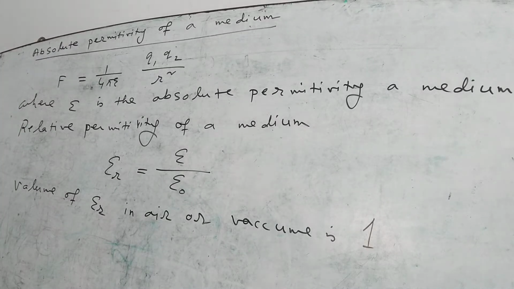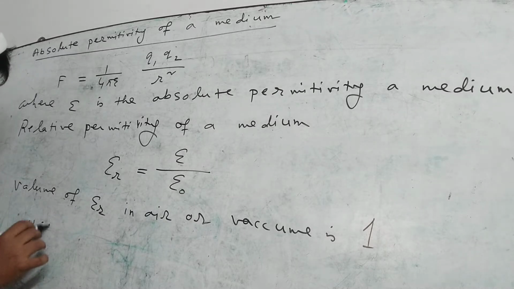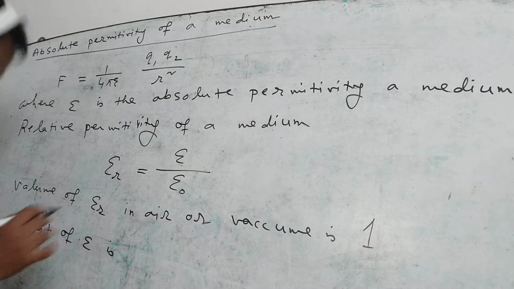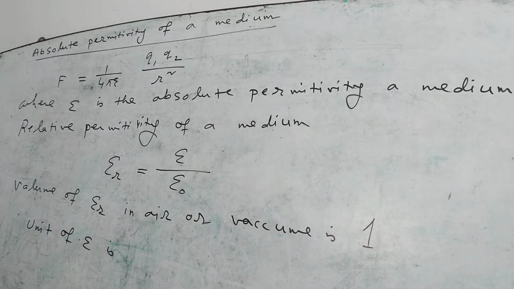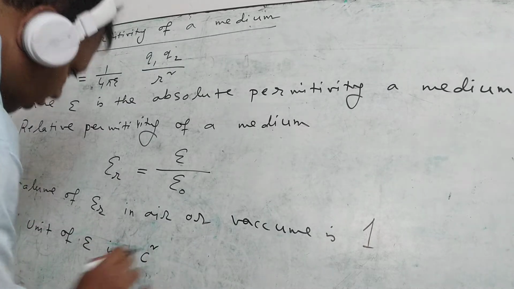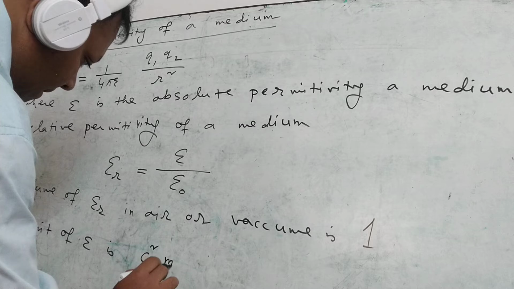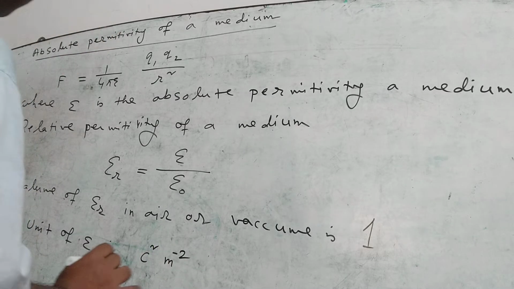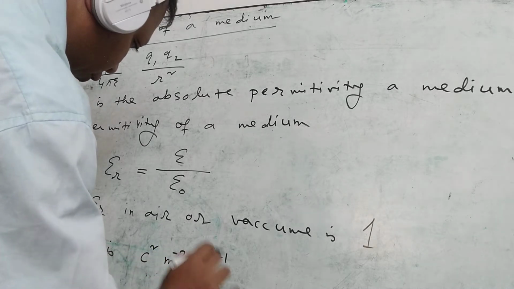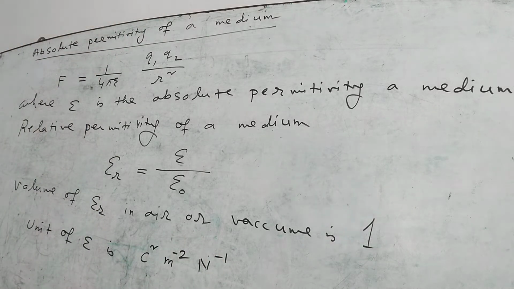What is the unit of epsilon? The unit of epsilon is Coulomb square per meter square per Newton. This is the unit of epsilon. Then what is the dimension of epsilon?